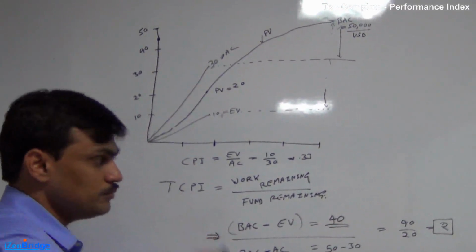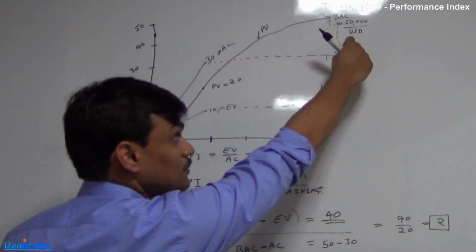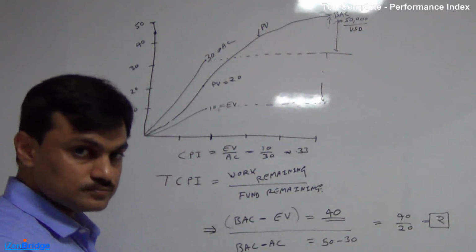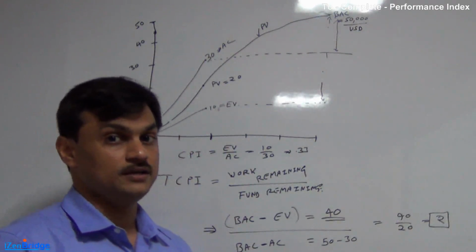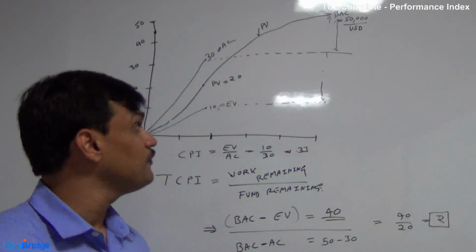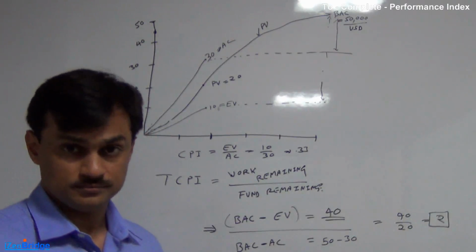We need to utilize cost with double efficiency so that we can do the remaining work and get the project done in $50,000. Now there could be a possibility that you realize this is not achievable.